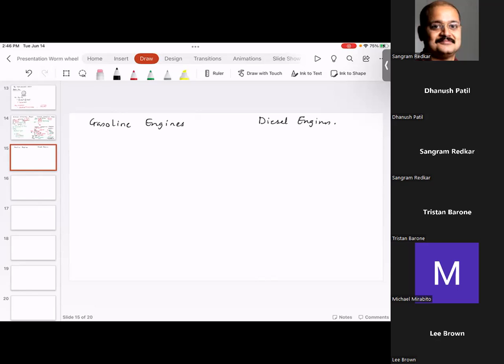Gasoline engines clearly run on gasoline, or if you go to Europe, they call it petrol. Diesel runs on the diesel. The cycle is Otto cycle. The cycle is diesel cycle or dual cycle.